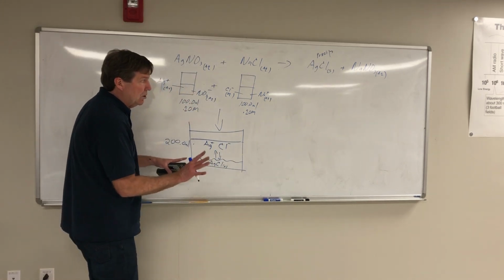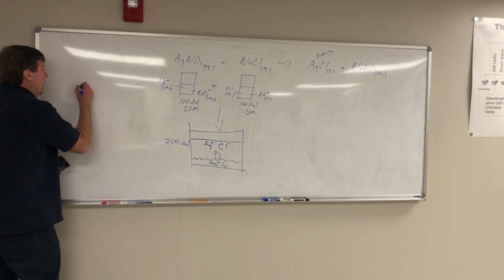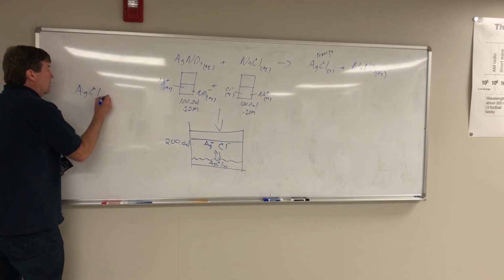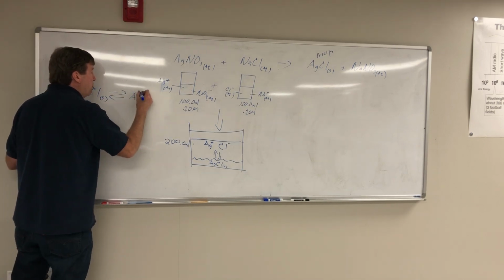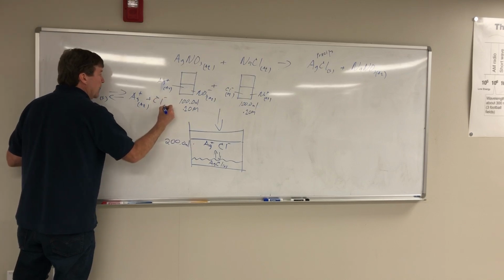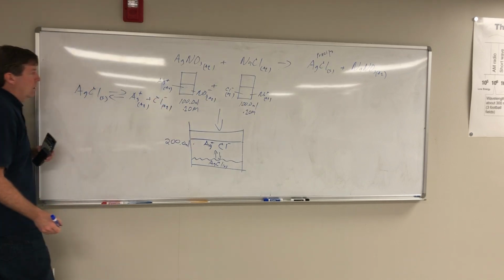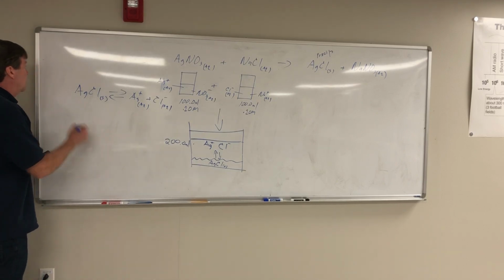Let's rewrite this in a more traditional form now. So here's my solid AgCl. We're going to have an equilibrium with Ag+ aqueous plus Cl- aqueous. Now, since we have an equilibrium situation, this is going to be a K value.